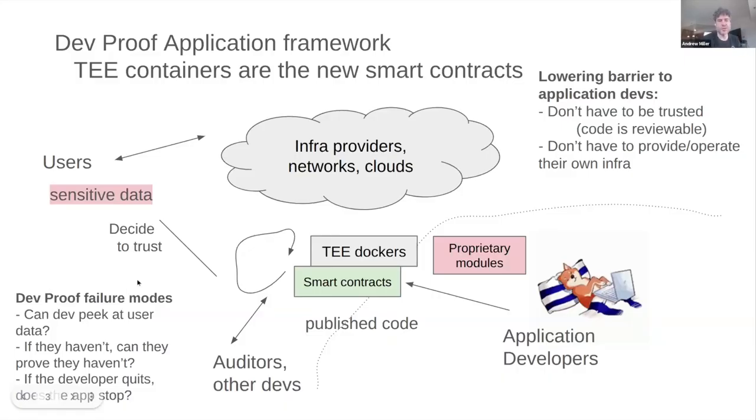The relevant questions are, first of all, if there's sensitive data or credentials or digital assets, is the application developer able to rug them? Can they peek at the sensitive data or repurpose the digital assets for themselves? The whole point of the DevProof design is to at least make this question answered, yes, the dev shouldn't be able to.